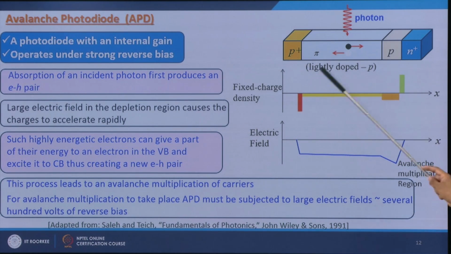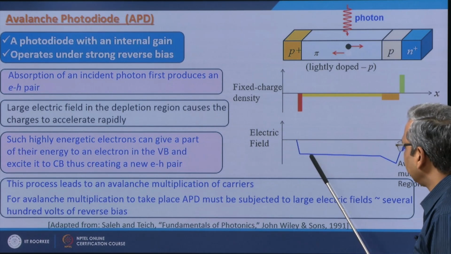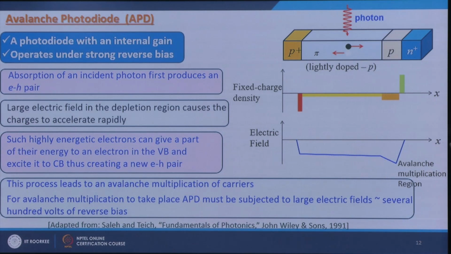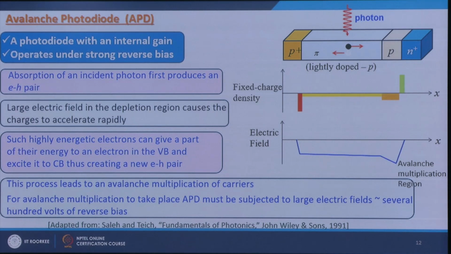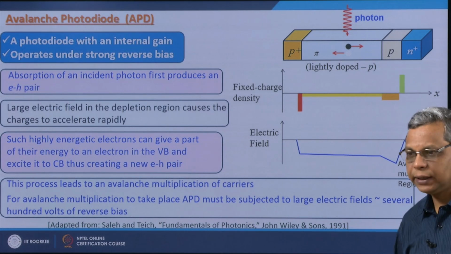This kind of charge distribution will result in an electric field which looks like this. So, I have an electric field which extends over a very wide region, and then a very strong electric field here. Now, if I operate it under very strong reverse bias, then in this region you have a very strong electric field.